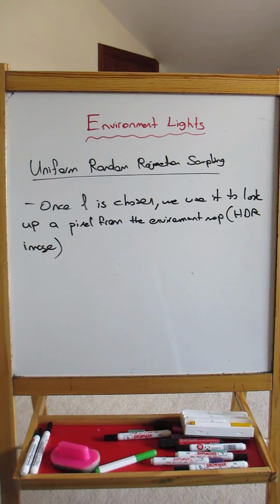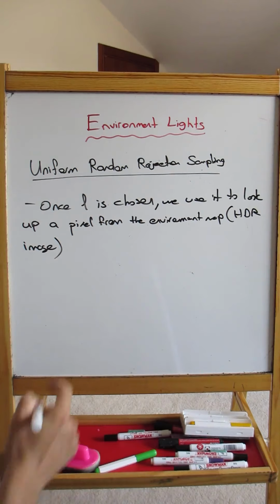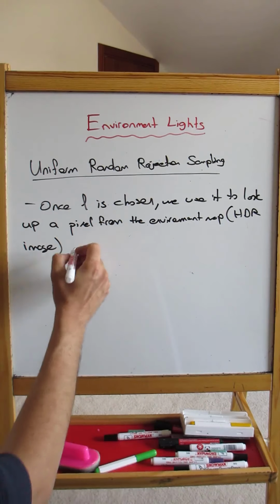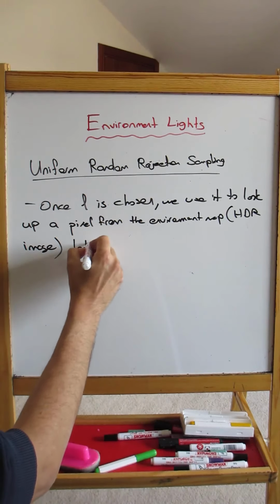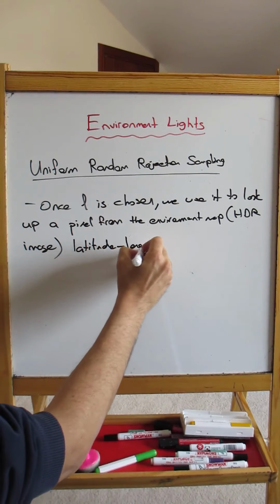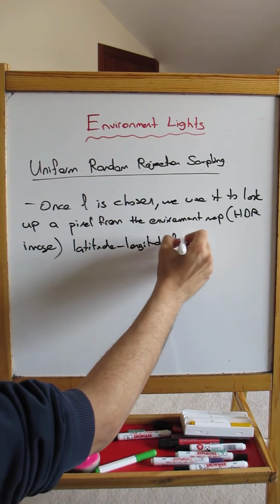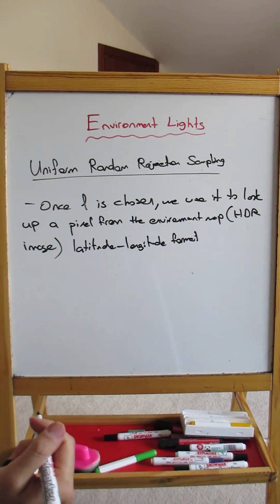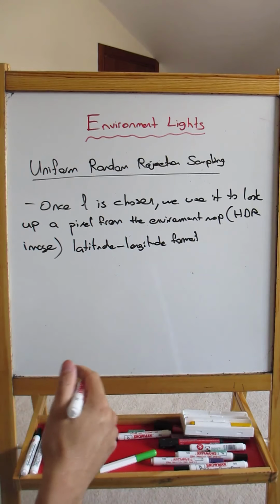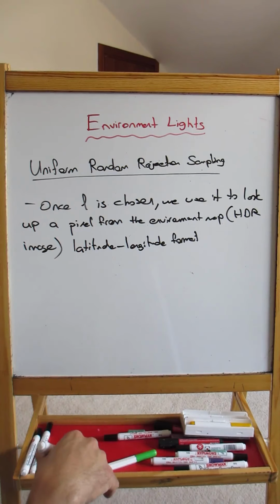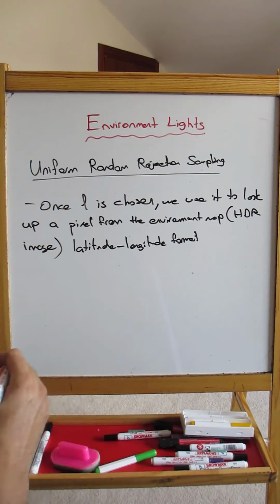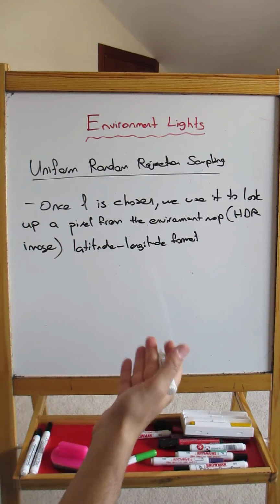Generally these environment maps, in order for them to represent the lighting correctly, are represented in latitude-longitude format. So they are not just like regular images. They are regular, but they are projected on a rectangle by warping the rectangle, so basically they are a projection of a sphere onto a rectangle.